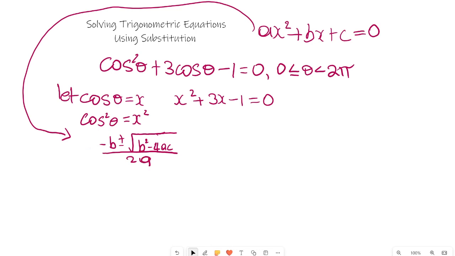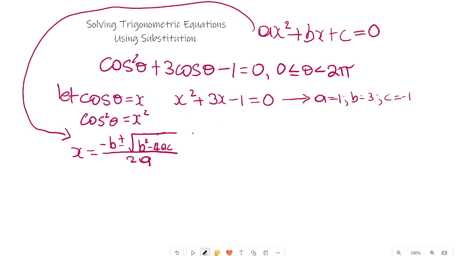That is going to be our solution for x. Now, what we need to identify is what a is. So if you look here, a in this equation is going to be 1, b is going to be 3, and c is going to be negative 1.